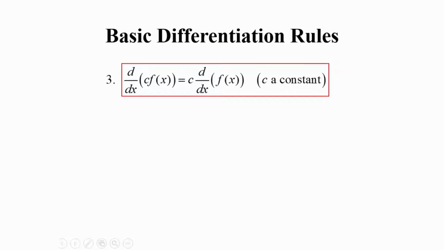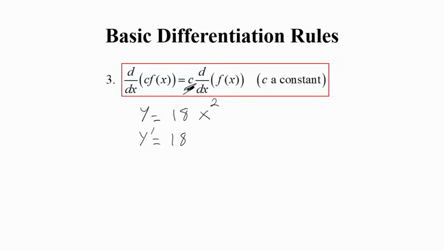Rule number 3. d dx of c times f of x equals c times the derivative of f of x. If you had a constant, that's what the c is. Let me write this down. If we have y equal 18x to the second, it says when you figure out the y prime, you keep the 18 out, that's the constant here.